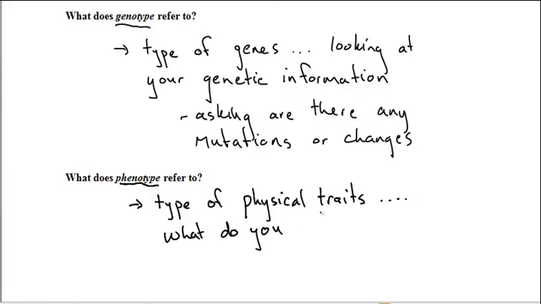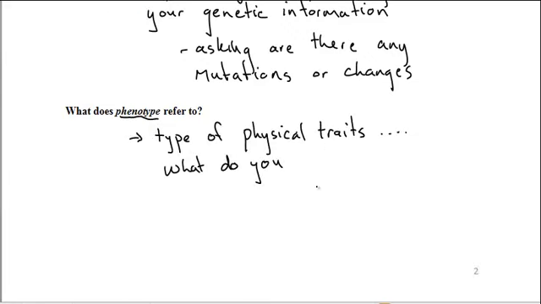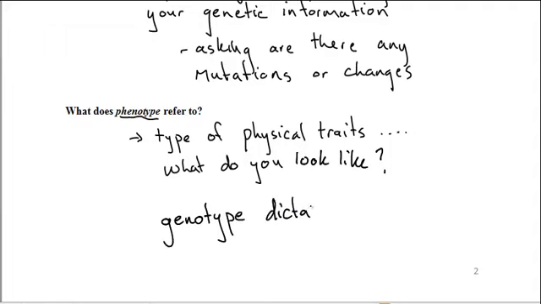I mean, this can be as obvious as what color are your eyes, to what do you look like on a biochemical level, are all your proteins properly functioning? And of course, your genotype dictates your phenotype. That's assuming no modifications. You're not wearing contacts, you're not dyeing your hair, that type of thing.